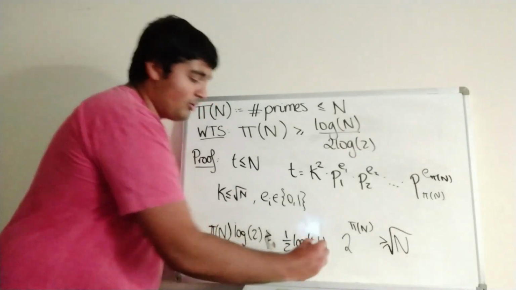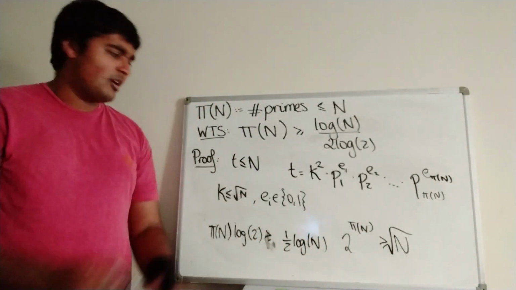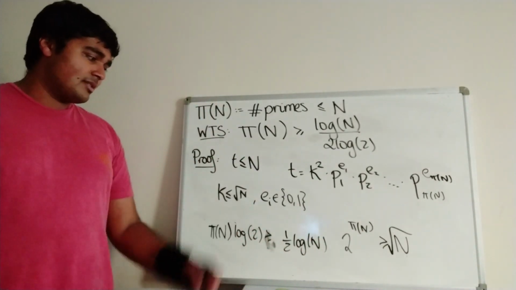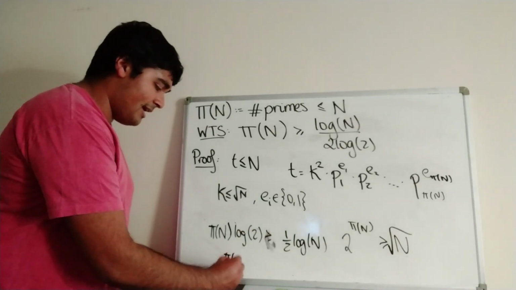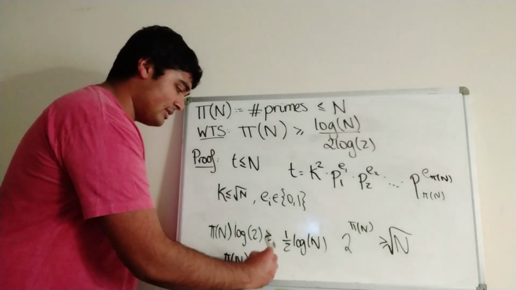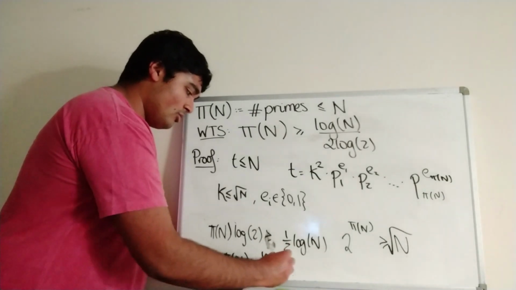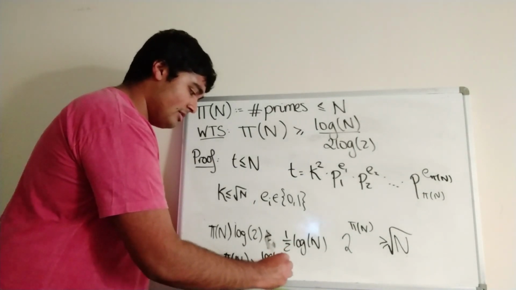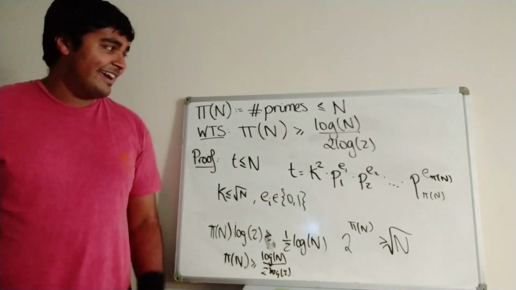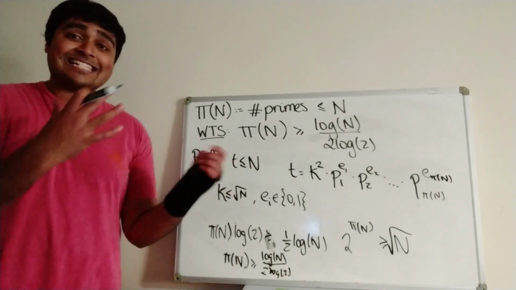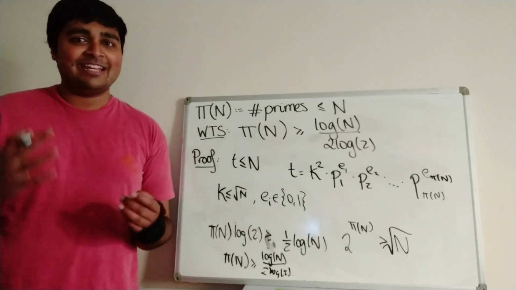So I've used my log law there, that the log of square root of n is the same as a half log n, and then of course just dividing both sides by log 2 gives us that pi of n is bigger than or equal to log n all over 2 log 2, like so. And that's exactly what we wanted to prove. And as I said, this will prove that there are infinitely many primes.